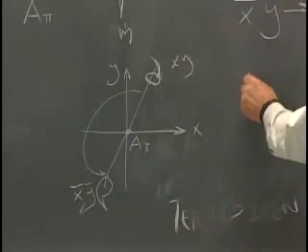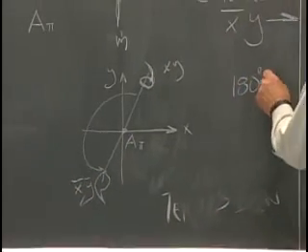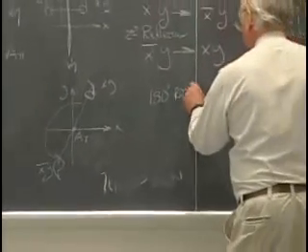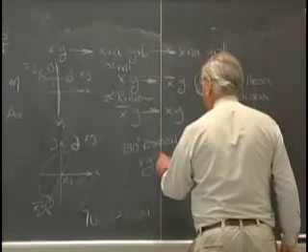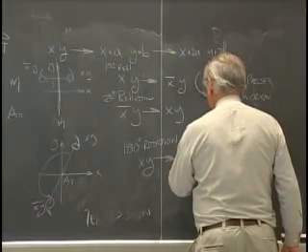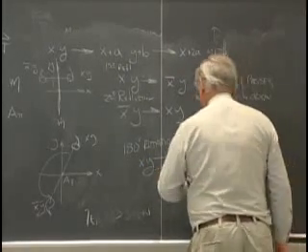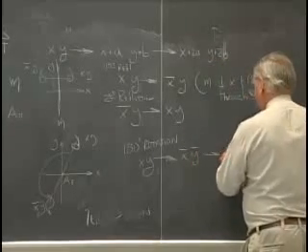So the operation of a 180-degree rotation is going to analytically correspond to a transformation of going from x, y to minus x, minus y. And if we perform it again, it would go back to x, y.